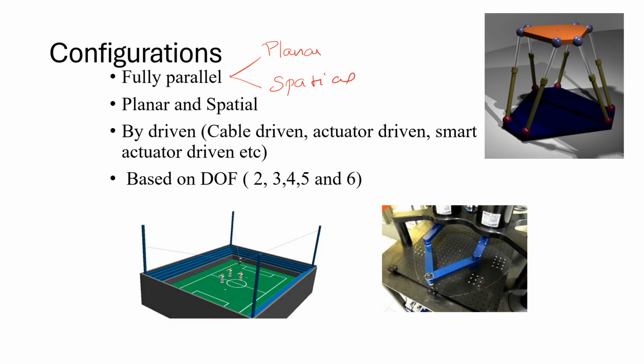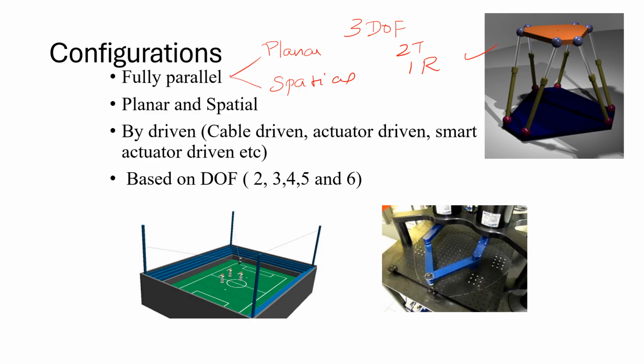So for fully parallel planar, as you see in this figure, this is an example, and it has the moving platform with 3 degrees of freedom. The moving platform or the end effector will be constrained to perform 2 translations and 1 rotation.